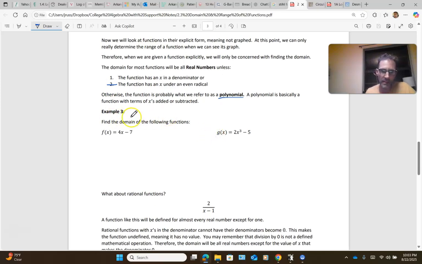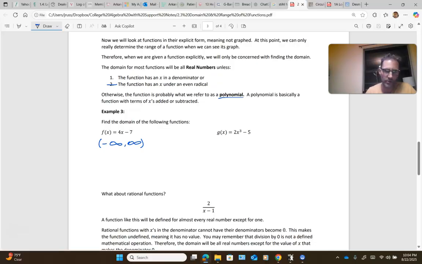Example 3. It says, find the domain of the following function. Well, this first function right here is a linear function. It's 4x minus 7. And more generally, it is a polynomial. And so therefore, the domain will be all real numbers. You could write it in interval notation if you wanted. It would be negative infinity to positive infinity.